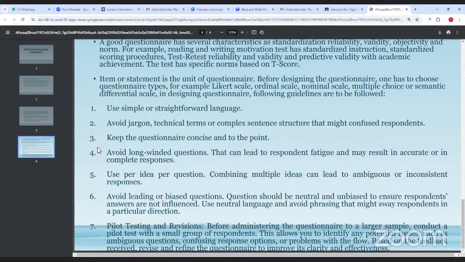Next part is the validity. You have to think whether your test or your questionnaire is valid or not. For that reason, you can correlate your test with other similar tests.